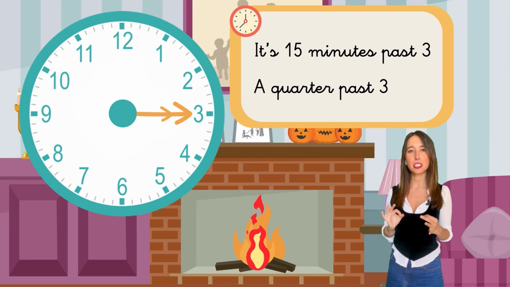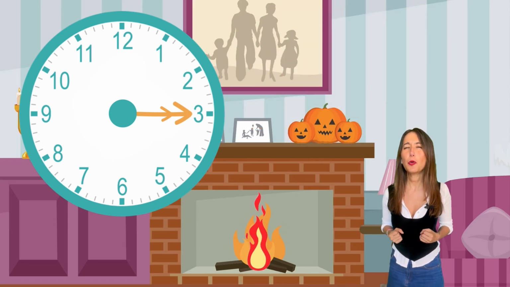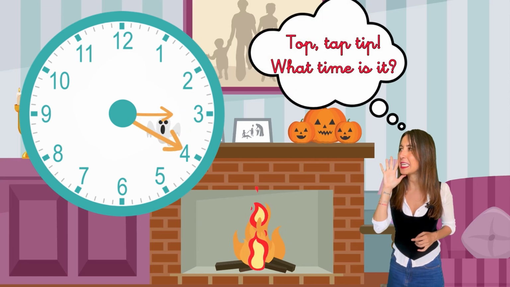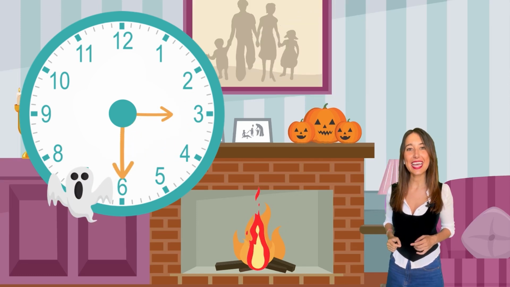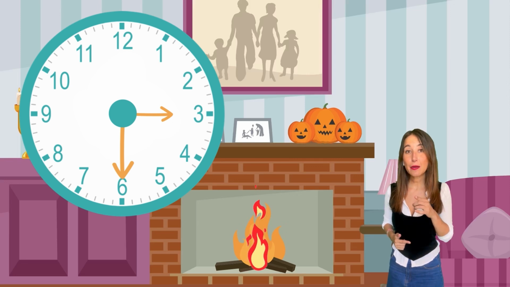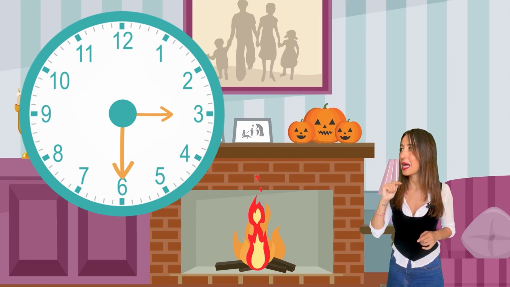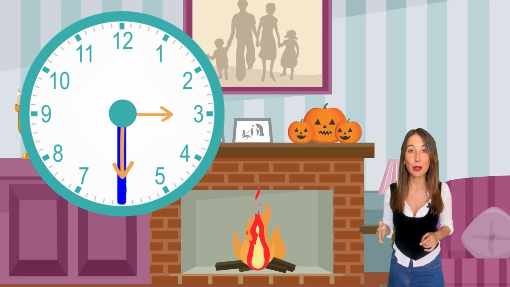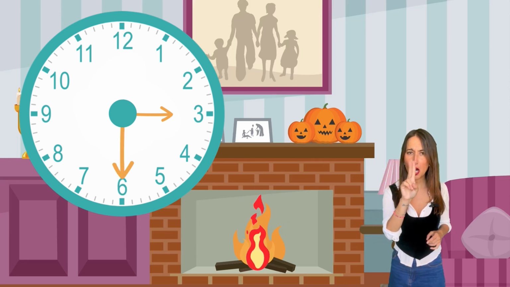Okay? Brilliant. This time, Spooky, the ghost, will help us. Top, tap, tip. What time is it? Thank you, Spooky. Spooky the ghost moved the longest arrow and now is just right in the middle. Here we have 2 more options.